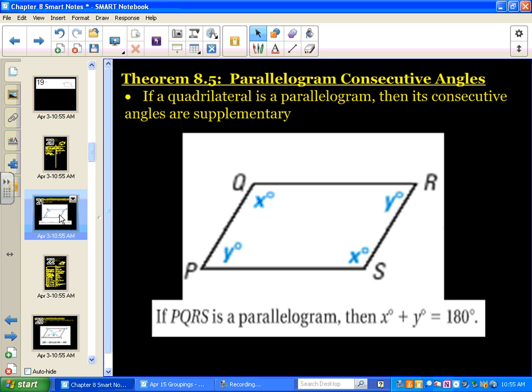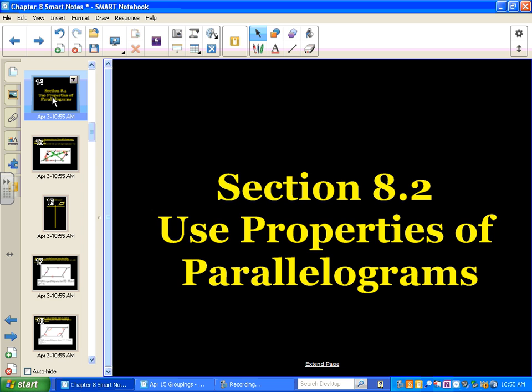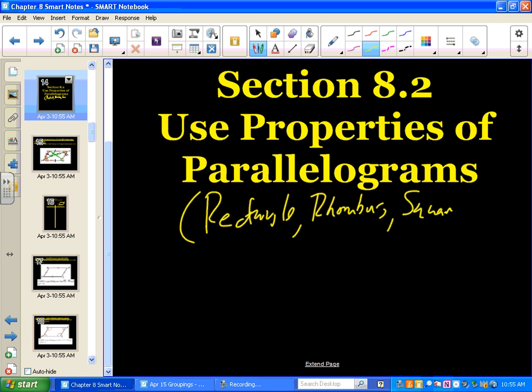Very good. So when we say properties of parallelograms, keep in mind, properties of parallelograms include the rectangle, the rhombus, and the square. So all of these properties that we just proved, that we have theorems for, they apply to these shapes because they are parallelograms.